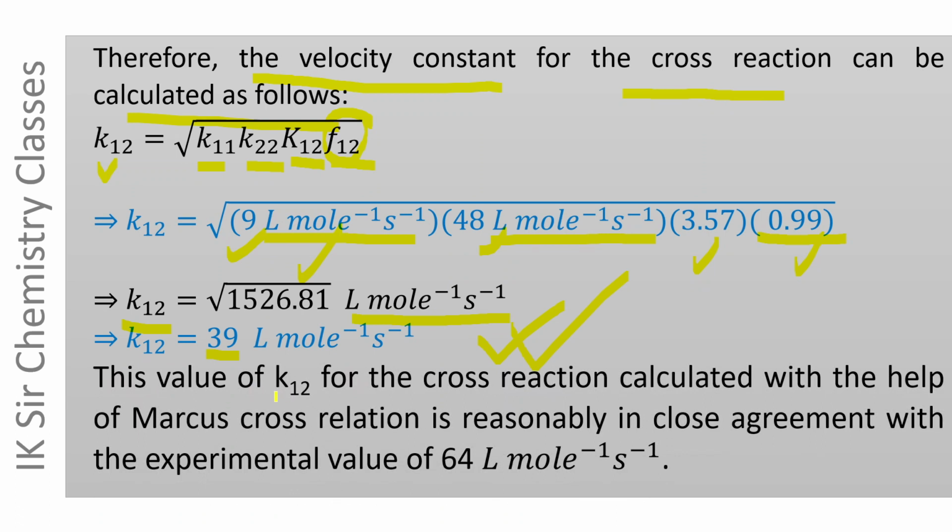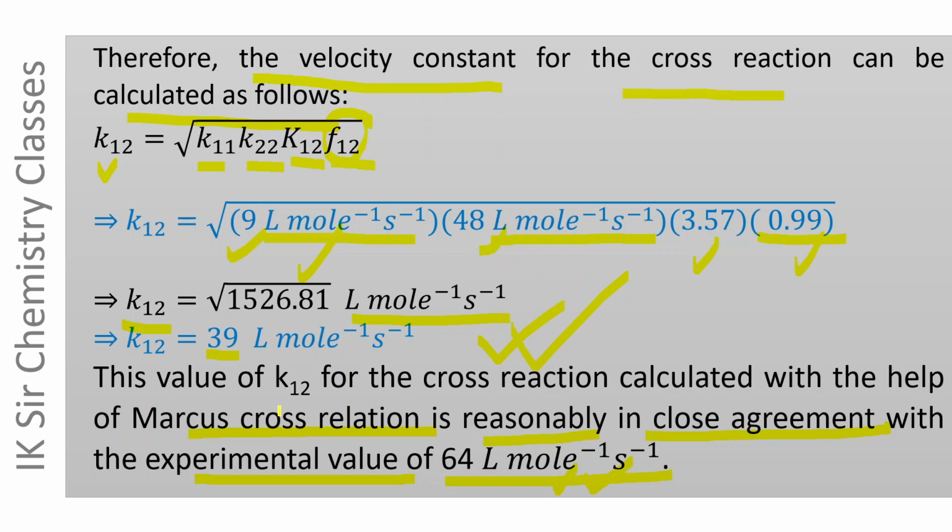The value of K12 for the cross reaction calculated with the help of the Marcus cross relation is reasonably in close agreement with the experimental value, which is 64 liter per mole per second. The experimental value of the velocity constant for the cross reaction 3 under consideration has been found to be 64 liter per mole per second.